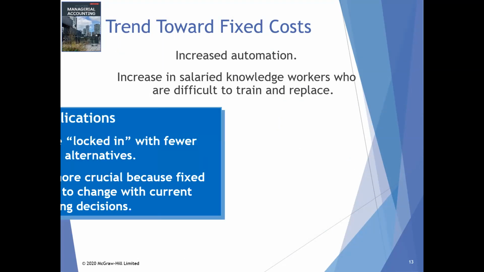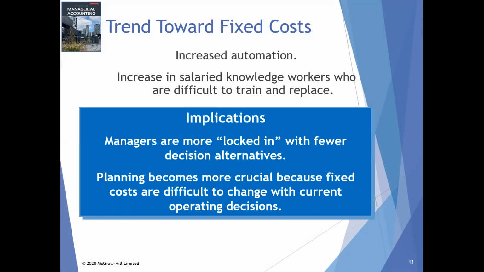Now, what is the trend towards fixed costs? Increased automation, right? Increased automation. Then an increase in salaried knowledge workers who are difficult to train and replace.